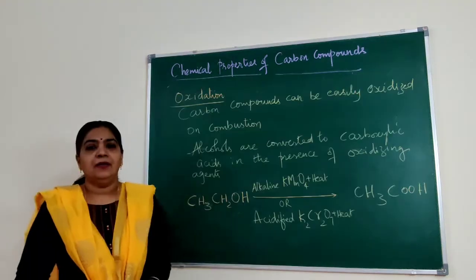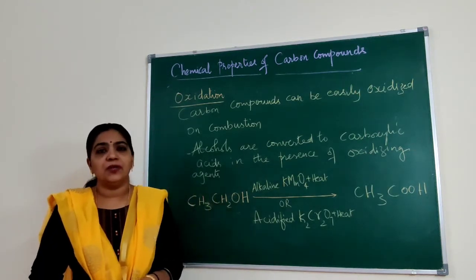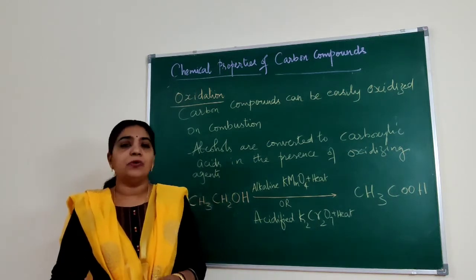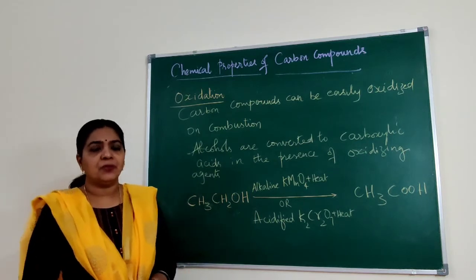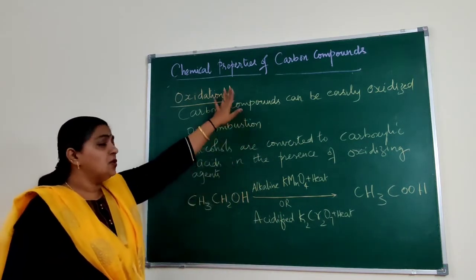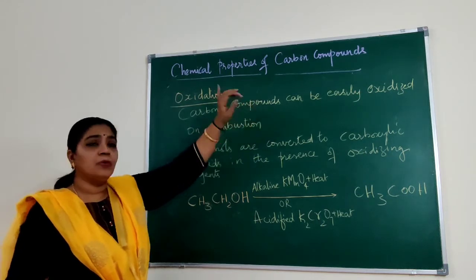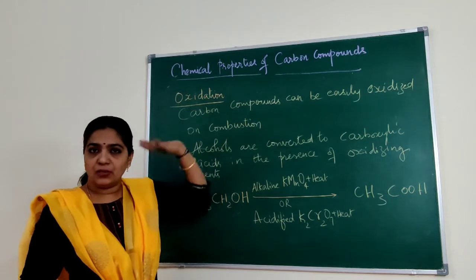That is, already we learned that during combustion they also undergo oxidation. The carbon compound will also undergo oxidation reaction. So in your textbook they are given one small activity. So based on that, let me explain. So oxidation, so carbon compounds can be easily oxidized on combustion. That's what we learned.